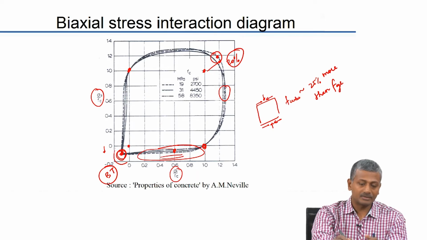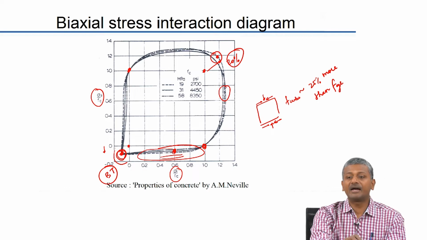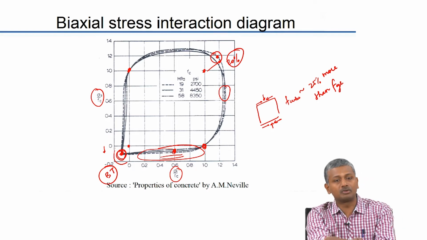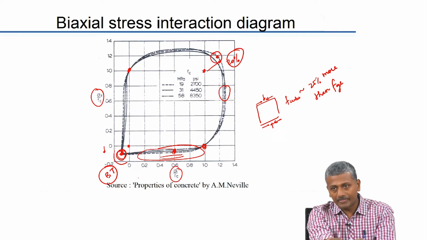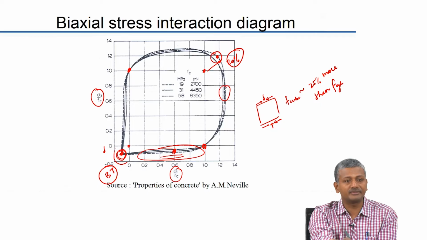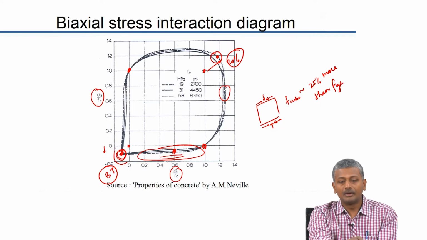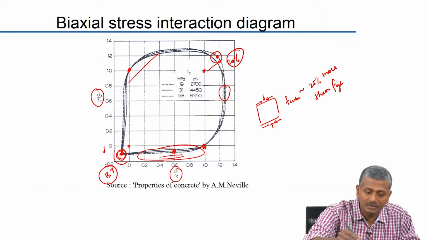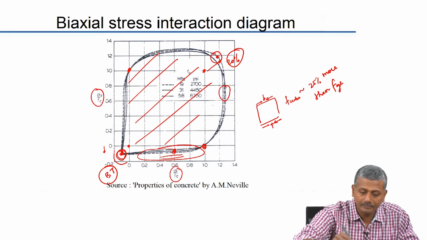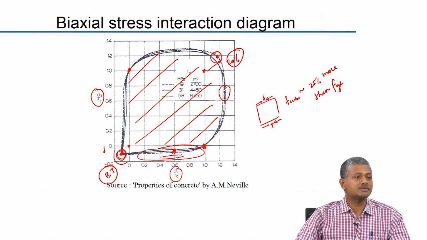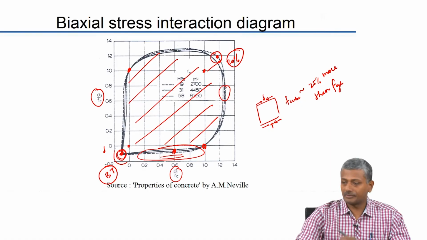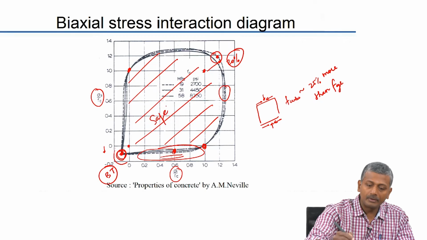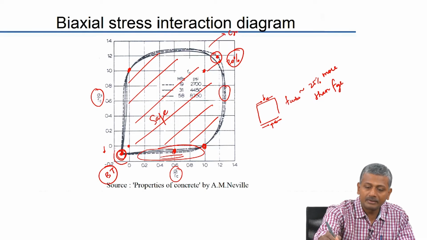So, at this point, if I have applied a compression of more than 60% of the ultimate uniaxial strength, because of the tension in the other phase, I will get failure. Overall, this biaxial stress interaction curve indicates that the zone inside is where your material is safe, and outside is where it cracks or fails.